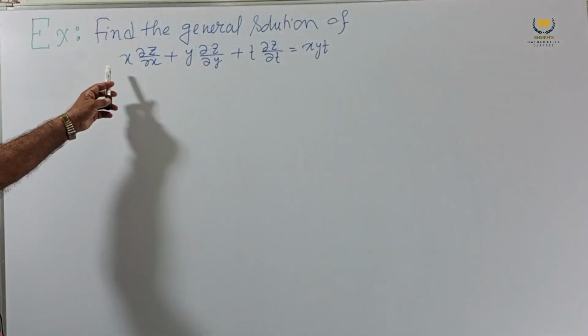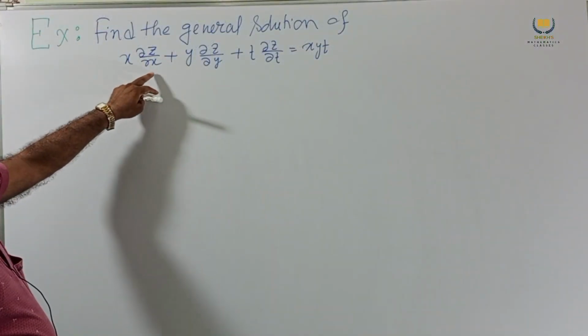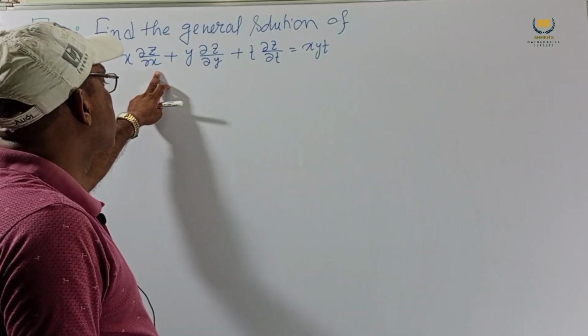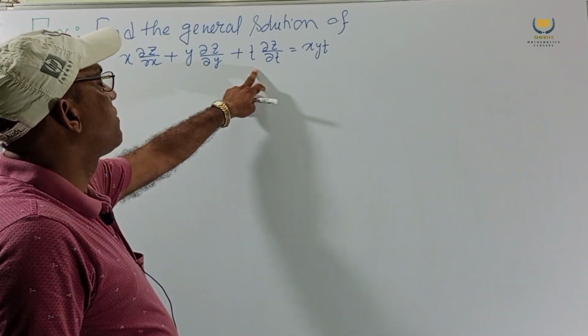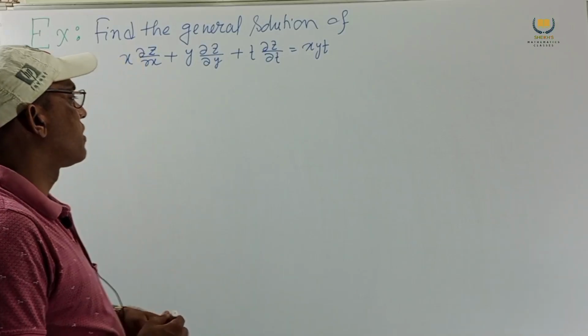Consider this problem. Find the general solution of x ∂z/∂x + y ∂z/∂y + t ∂z/∂t = xyt.